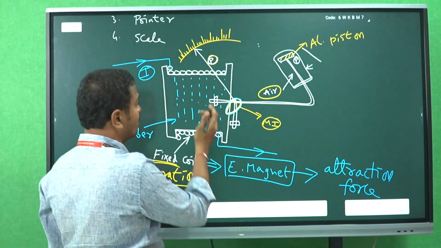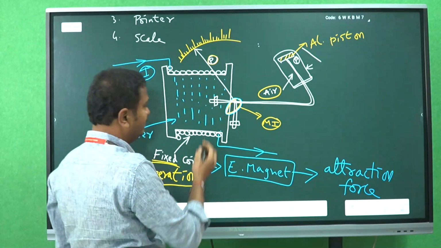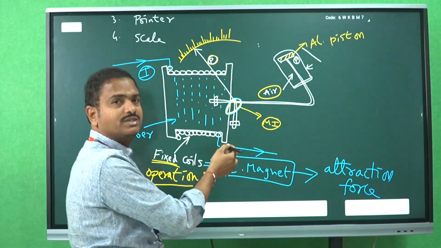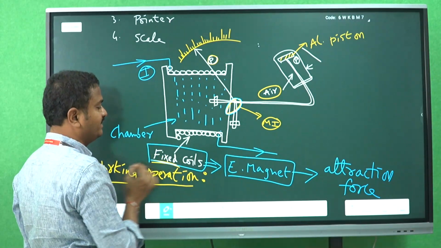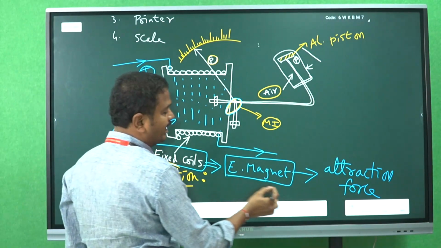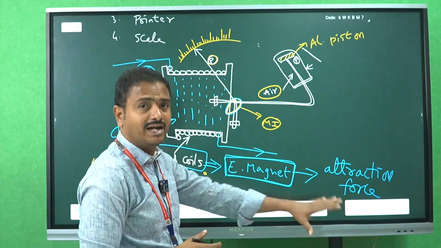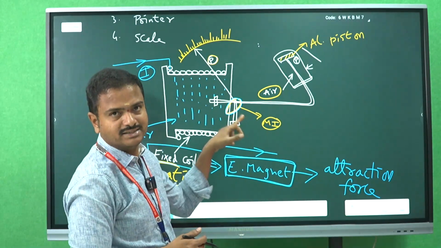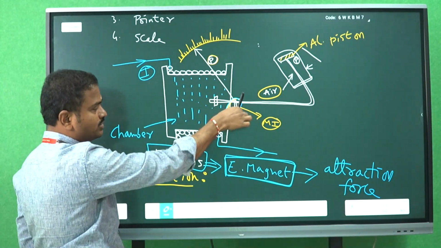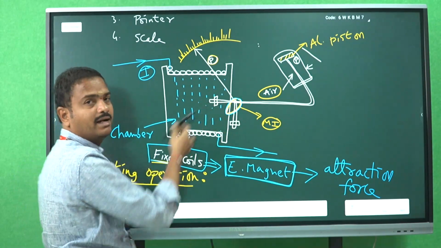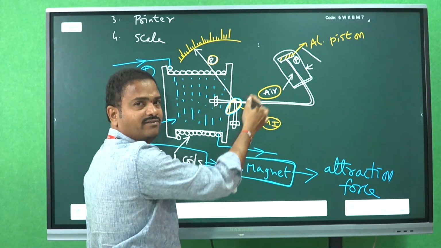So whenever current is flowing through the fixed coil, magnetic field lines are produced inside the chamber. Then these fixed coils become electromagnets. This electromagnet produces an attraction force exerted on the moving iron piece. Then the moving iron piece moves towards the chamber, because outside the chamber we have weaker field lines, right?